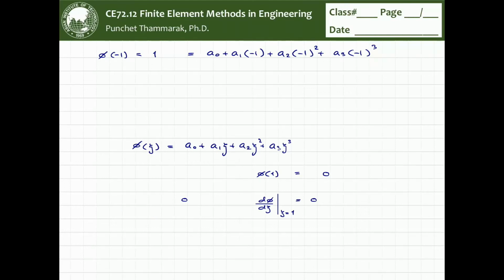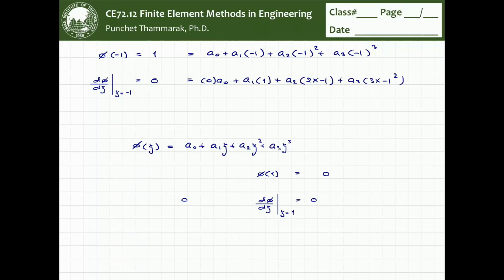And next one, 0 equals 0 times a0 because you differentiate, right? a1 times 1 plus a2 times 2 times minus 1 plus a3 times 3 times minus 1 squared.